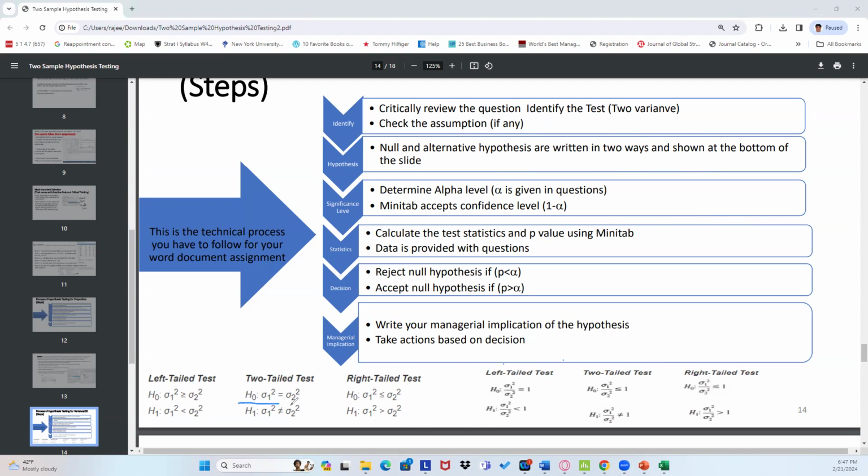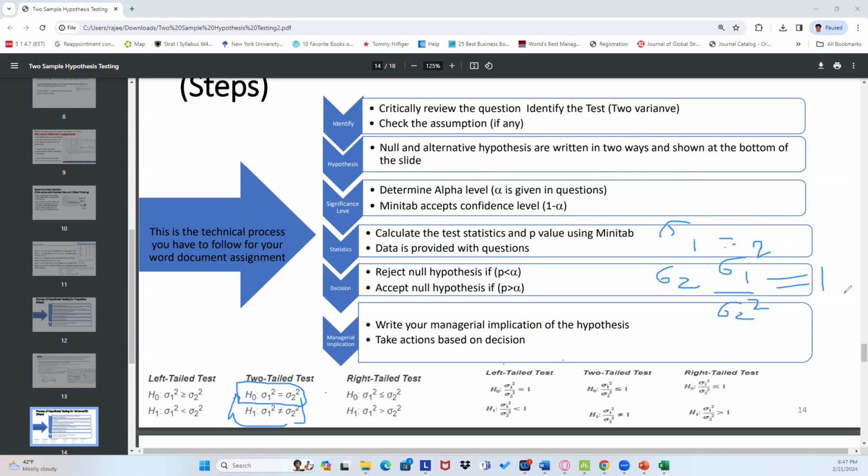You can see this is a two-tail test. If both are the same, sigma 1 and sigma 2, then sigma 1 upon sigma 2 would be approximately 1. This is related to variance.